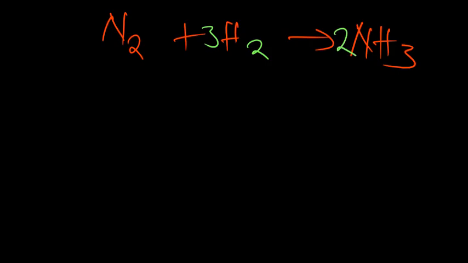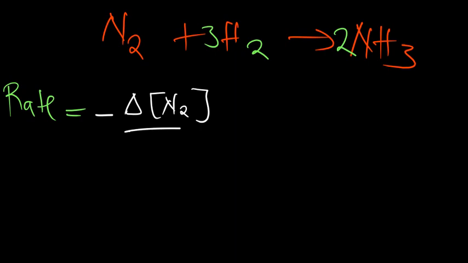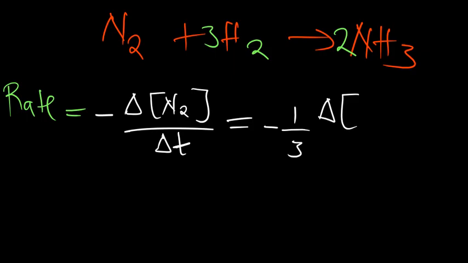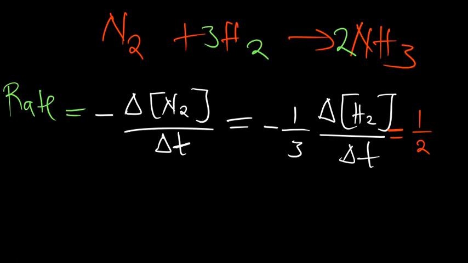So the rate of the reaction for that equation can be summarized as, in terms of nitrogen, negative change in concentration of nitrogen over the time it took. It's also equivalent to negative 1 over 3 change in concentration of hydrogen divided by the change in time. And then that's also equivalent to 1 over 2 change in concentration of ammonia divided by the change in time.